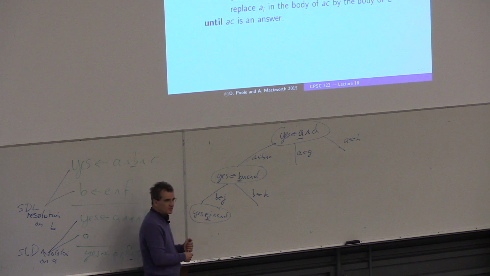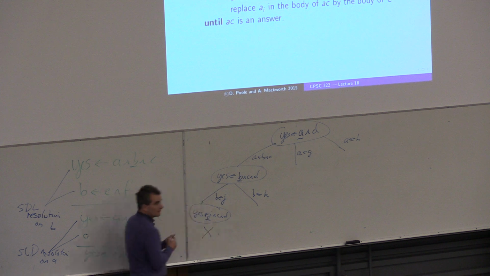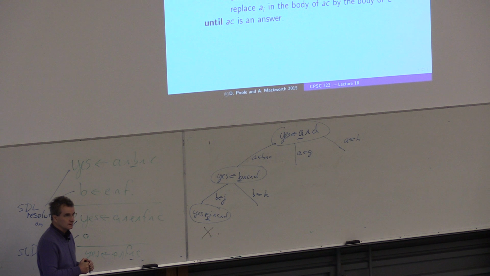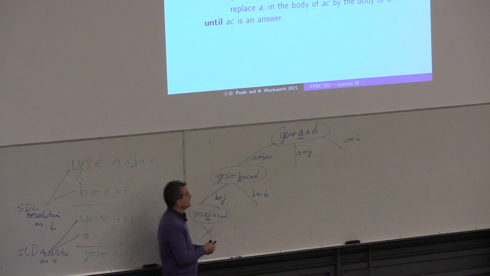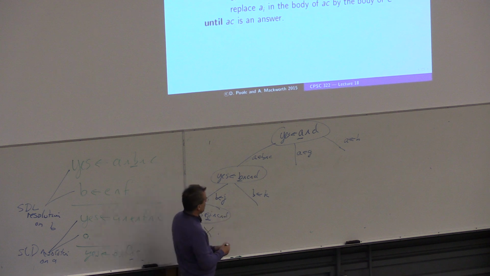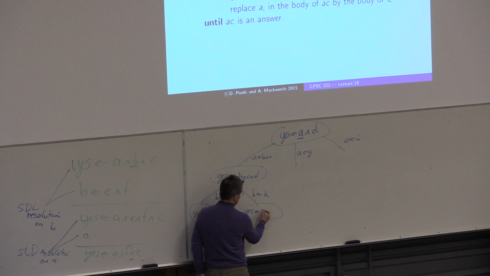There are no clauses. So in fact this one here fails. Because we're searching, we know how to search. We're going to go back here and backtrack to this one. We're now going to backtrack to this one and we're going to get yes, if, what is it?